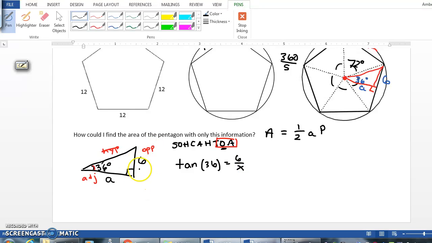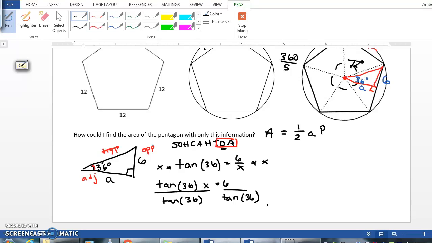And the adjacent is actually going to be our apothem. So if we have x in the denominator right now, which means we need to get it out of there, we multiply both sides by x. We're left with tangent of 36x is equal to 6. We need to get x by itself, so divide both sides by tangent of 36.